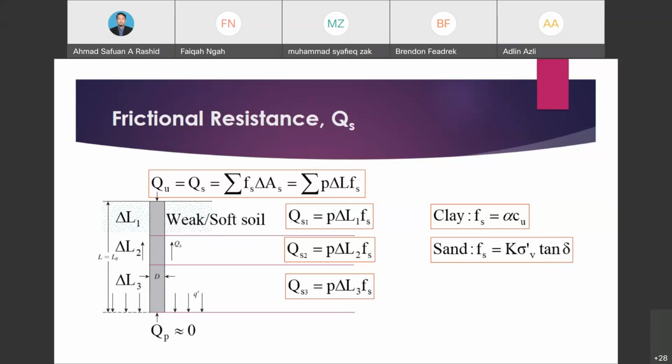Tapi kita tak masuk dalam chapter ni lah. Okay. Yelah, maksud saya kalau awak overestimate, nanti consultant yang buat maintain load test tu dapati load yang dia apply ni tak mampu ditanggung, dia akan menyebabkan pile to fail.